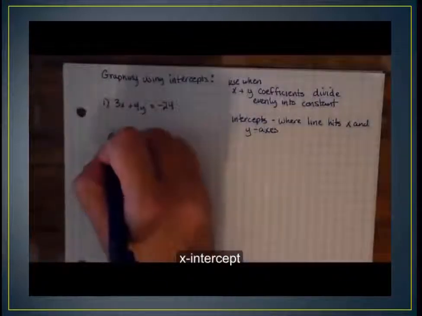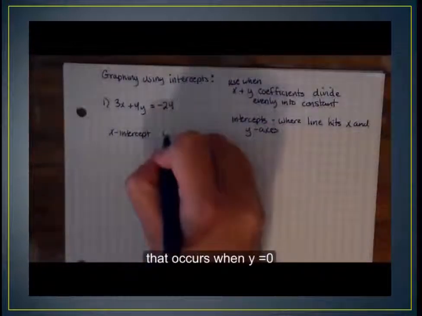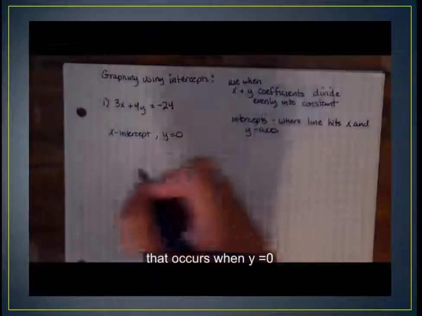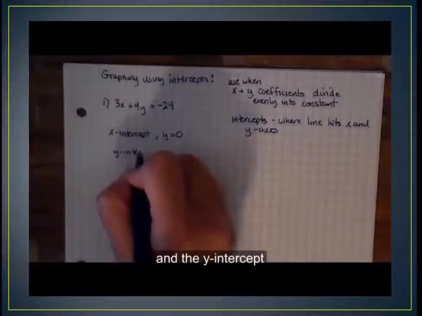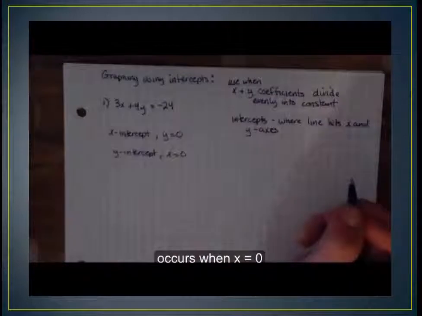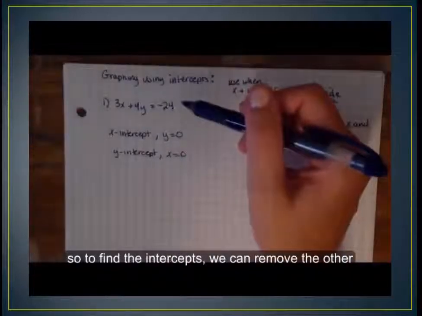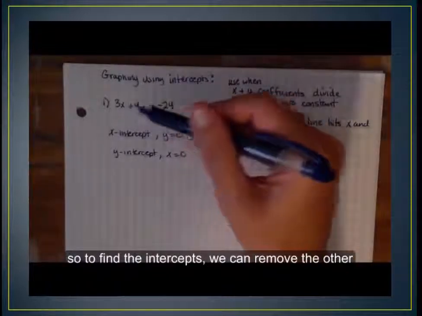At the x-intercept, that occurs when y equals 0. And the y-intercept occurs when x equals 0. So to find the intercepts, we can remove the other variable.